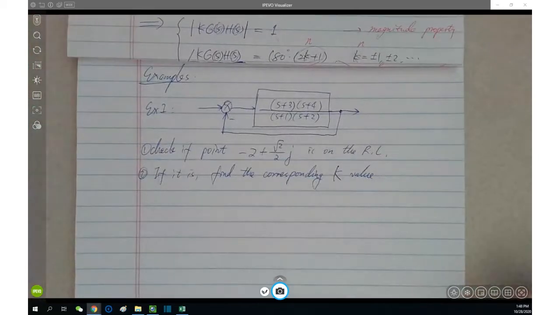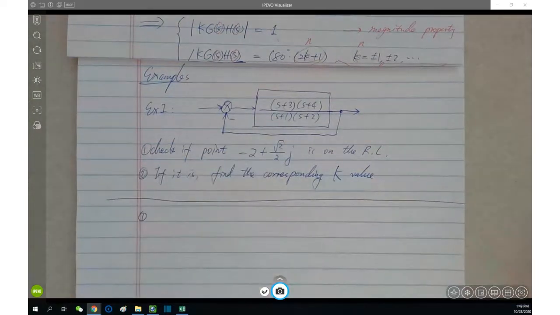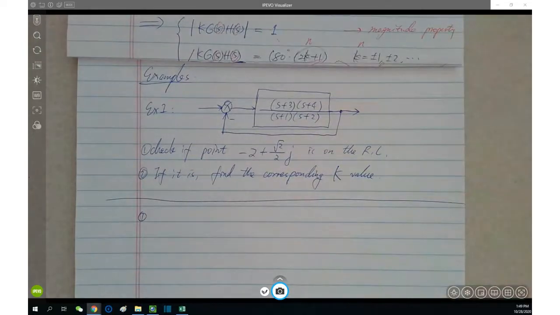All right, let's solve this problem together. Let's see how to use these two properties. First of all, how to check? This is a very easy thing. You just check that the s value satisfies these two properties, and then that s value, or say the point, is on the root locus.